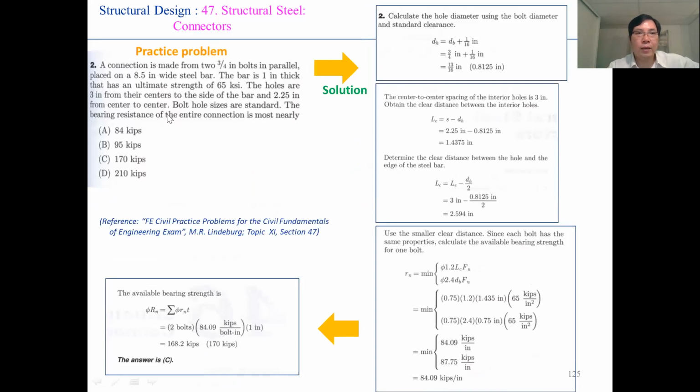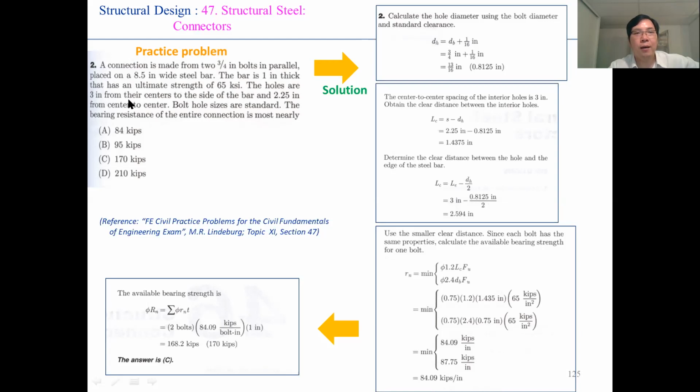So we can see another practice problem. A connection is made from 3/4 in bolts in parallel placed on a 5 in wide steel bar. The bar is 1 inch thick and has an ultimate strength of 65 ksi.